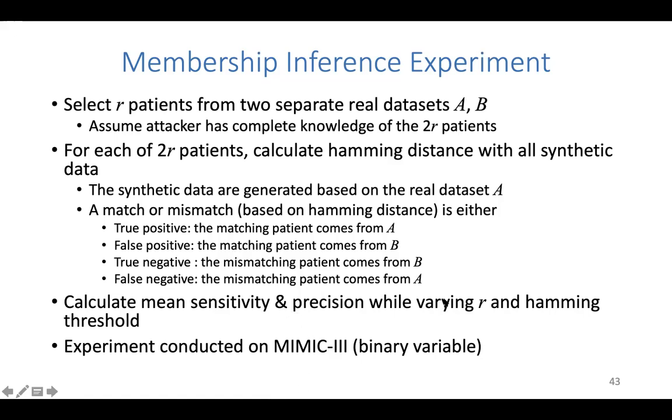And precision is true positive divided by true positive plus false positive. How much we made the correct prediction.